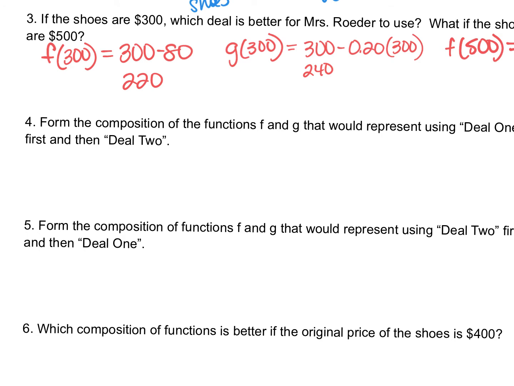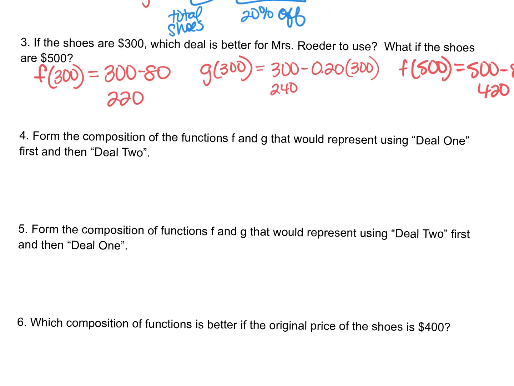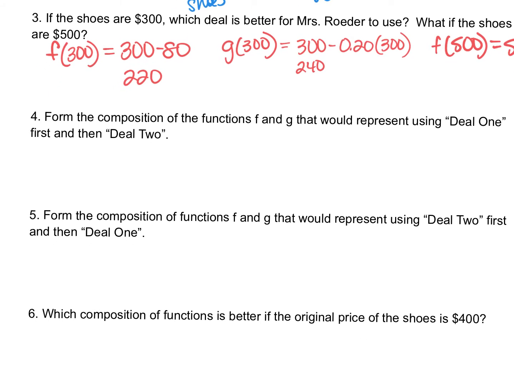They want deal 1 first, that's the F, and then deal 2. I know this is backwards, it's a little confusing. Since you want the F of X to be first, you have to write the G first, and write the F second. So it's going to be G of F of X.